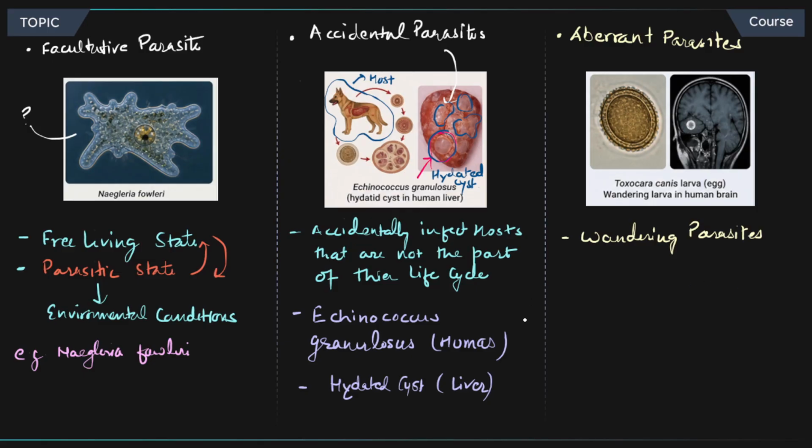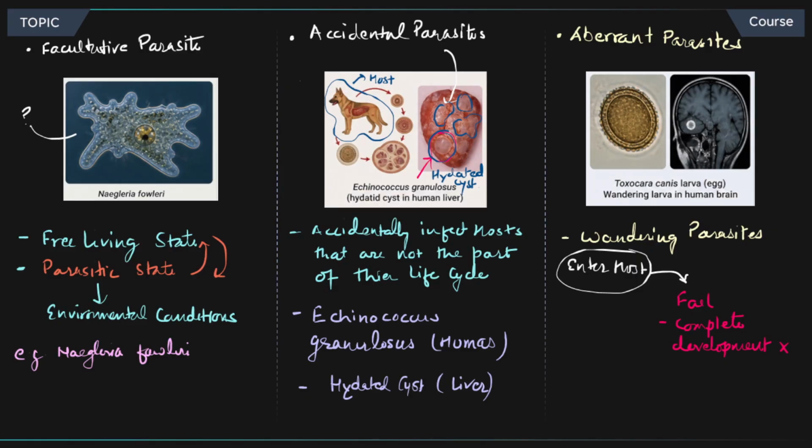So what it can do is, if it enters inside a host, it basically fails to complete its development. So that's why it's an aberrant parasite. It will enter somewhere else where it can't complete its life cycle or developmental stages. So it's not going to undergo complete development, and it's going to die over there.